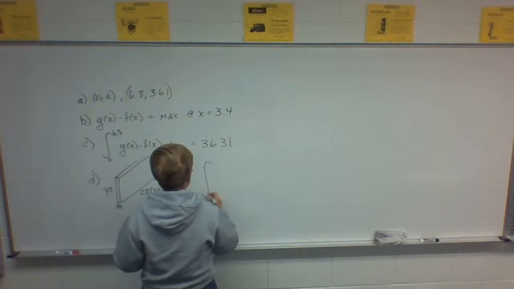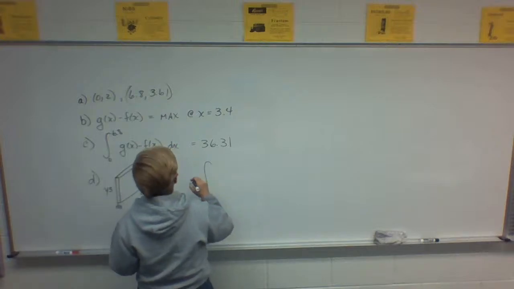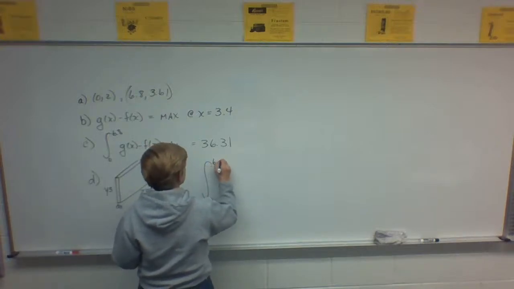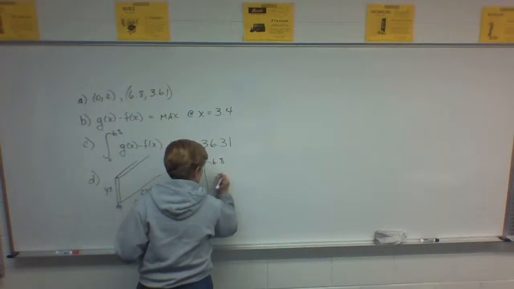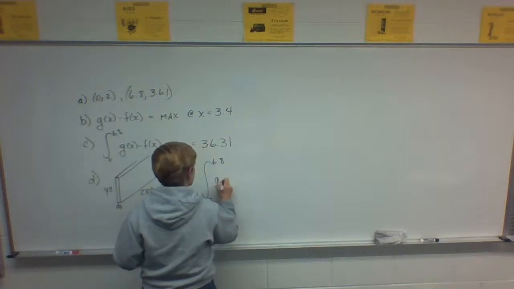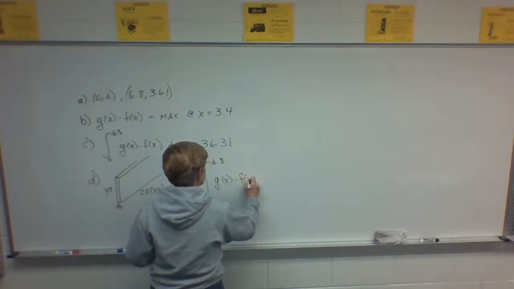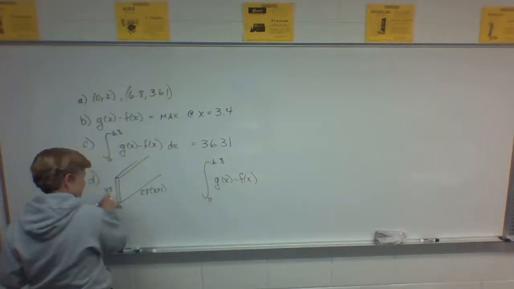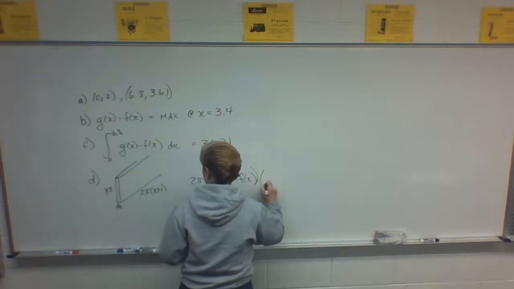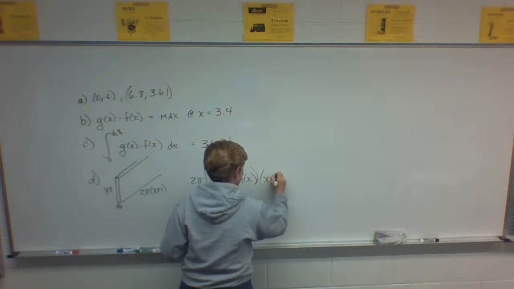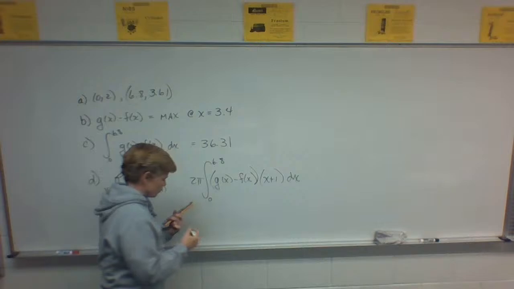And so we will go the integral from 0 to 6.8 of g of x minus f of x, that's this part, 2 pi times x plus 1 dx. That's for full credit on that one.